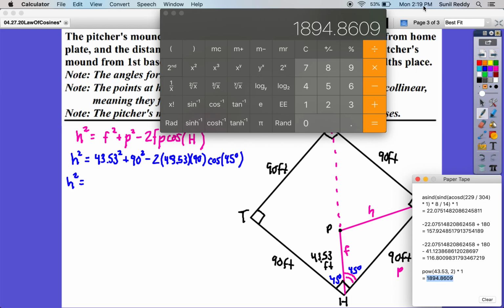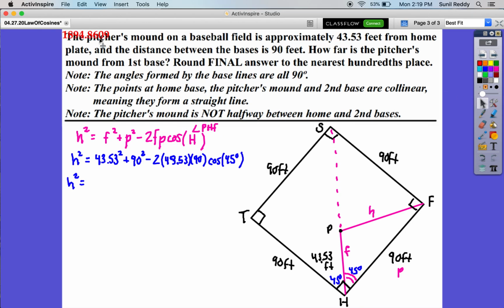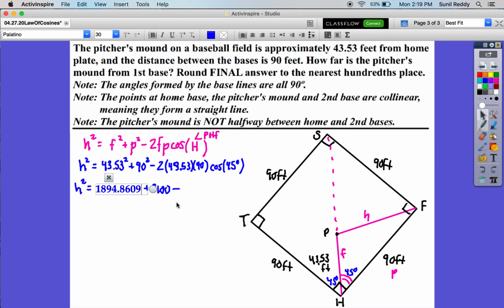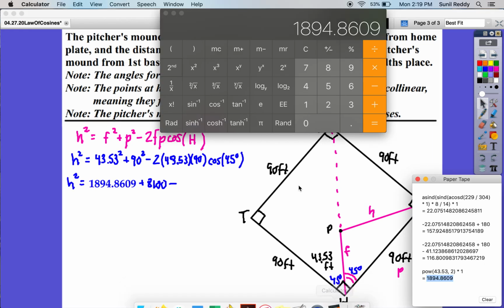Put that in. I know that 90 squared is just 8100 since 9 times 9 is 81. And the rest of the stuff that I'm subtracting, I'll go ahead and use the calculator for that.